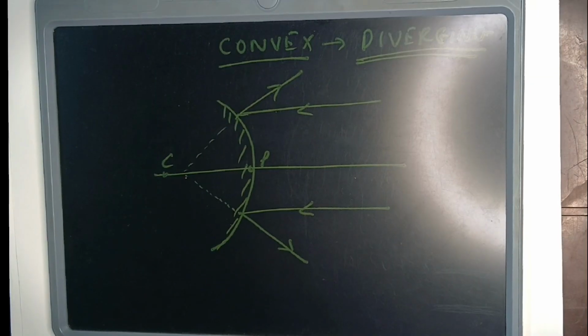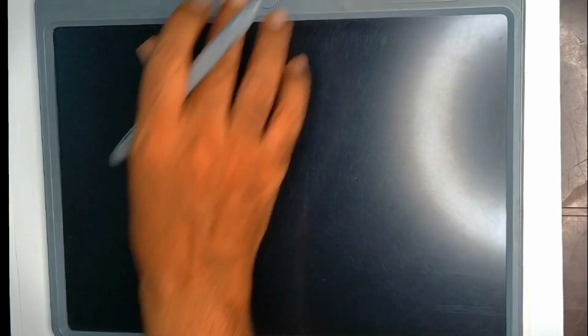So now that we have seen all the sign conventions and the different types of mirrors, let us see a quick formula. What is the formula which we can represent for all these mirrors?